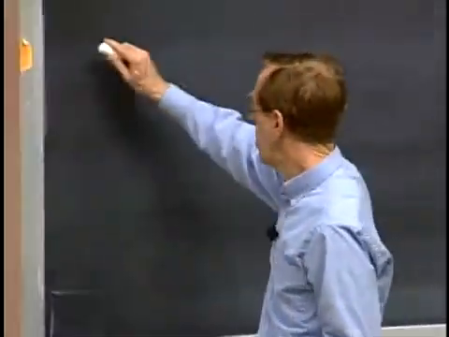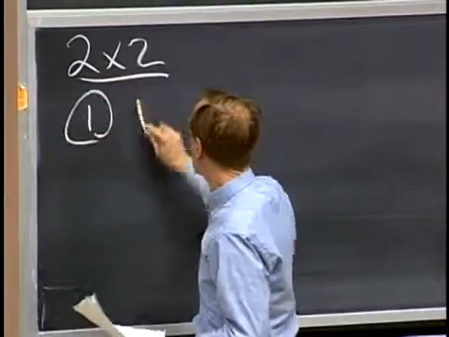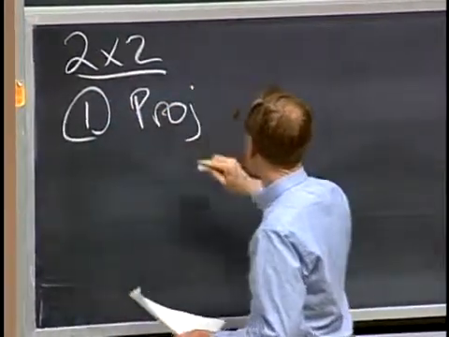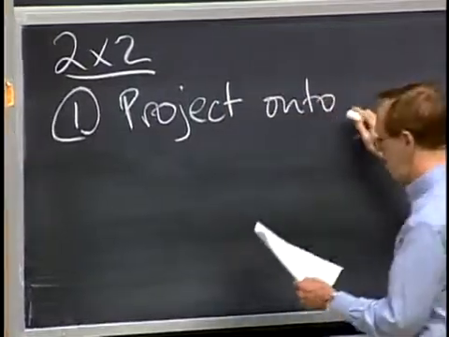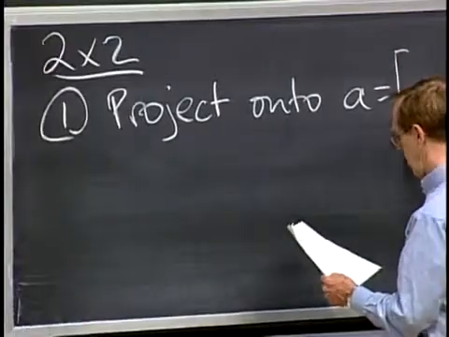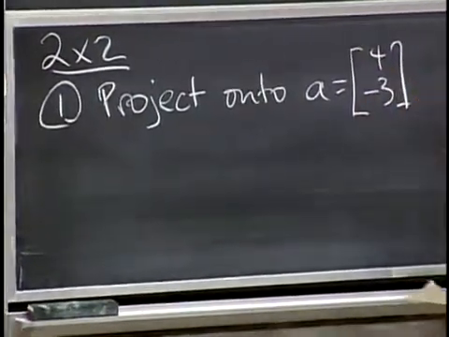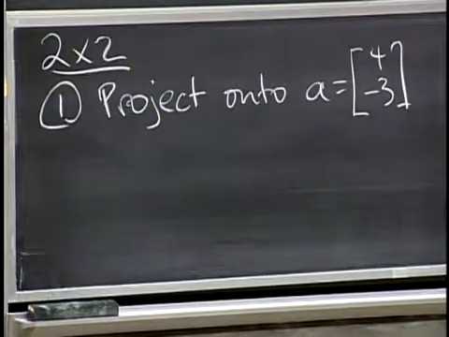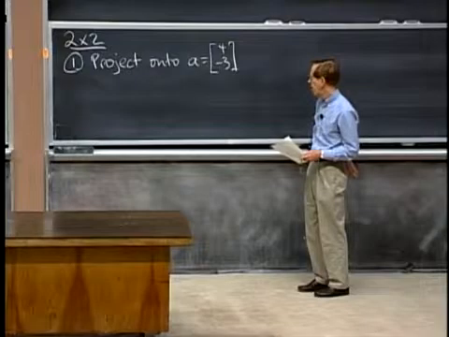First, so 2 by 2s. First, I want to project. I want the projection onto the line through A equals 4 minus 3. So it's a one-dimensional projection matrix I'm looking for.